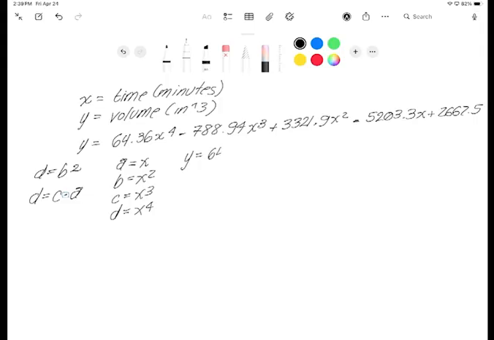So we'll have 64.36d minus 788.94c plus 3,321.9b minus 5,203.3a plus 2,662.5.